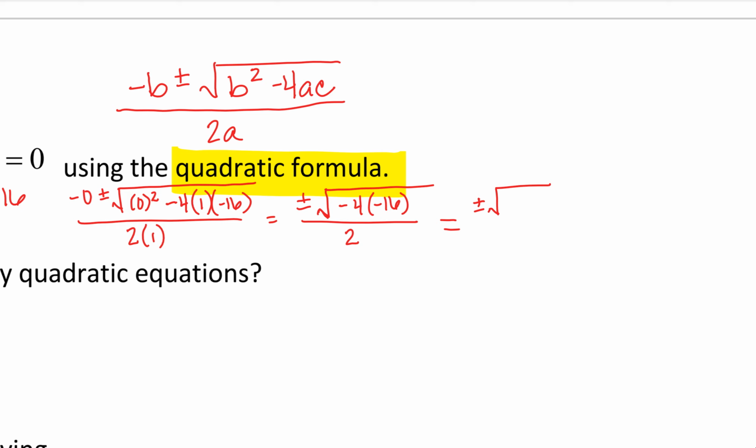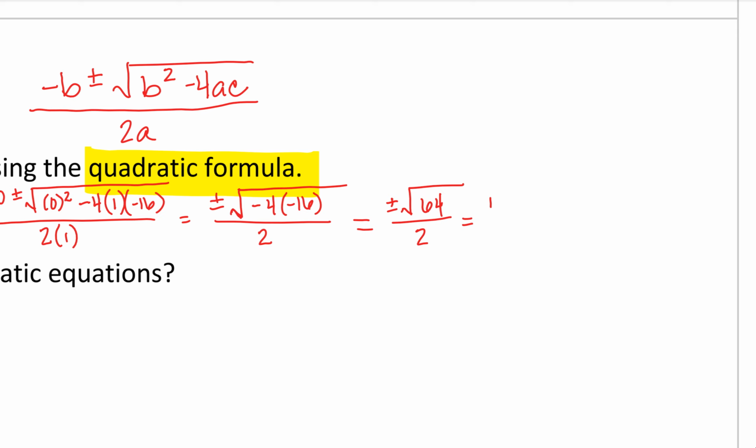Negative 4 times a negative 16 is a 64. Or actually, I could have also left it as that 4 times 16, but it's okay. You're going to look at it as 64 over 2. Well, what is the square root of 64? It is plus or minus 8 over 2. 8 divided by 2, well, that is my plus or minus 4.